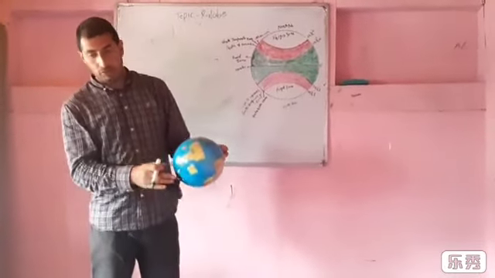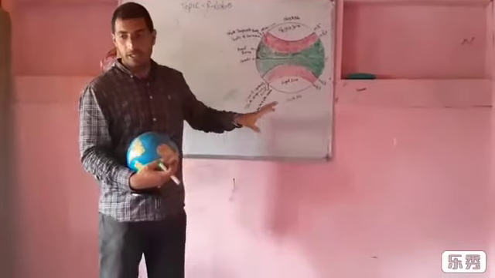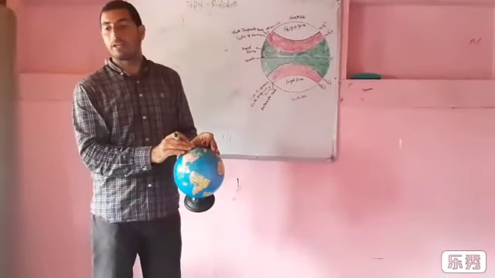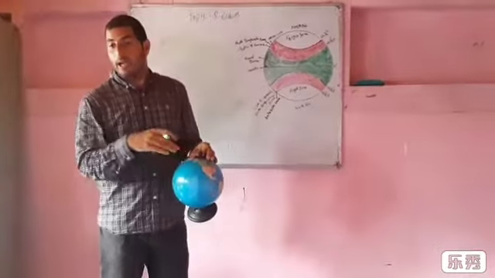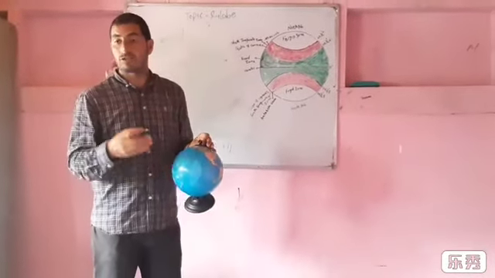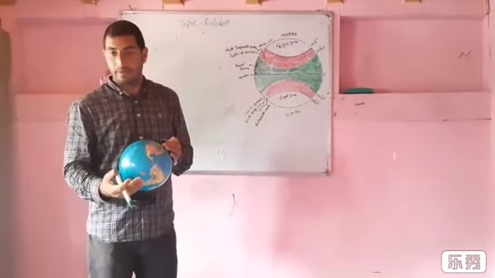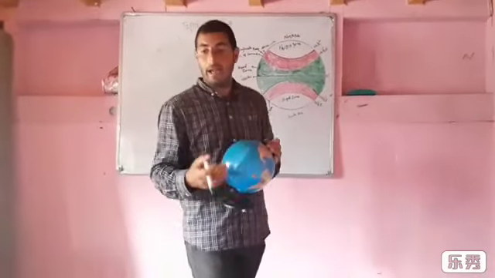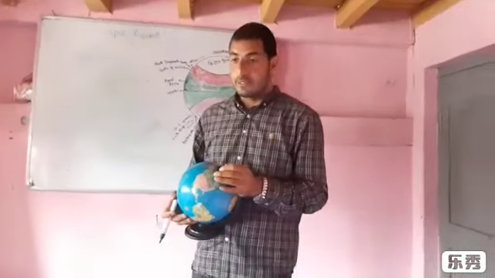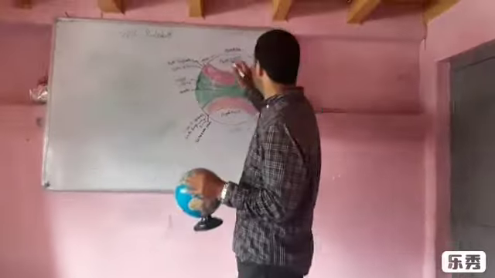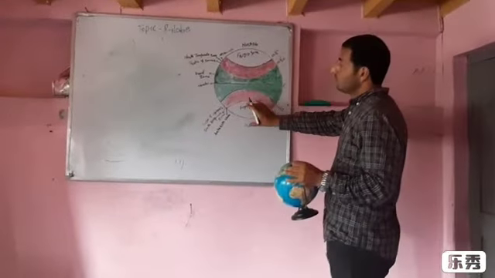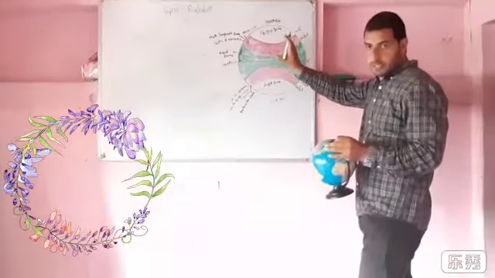The North Pole and South Pole are in the frigid zone, for example the Antarctica continent, and also some countries like Norway and Finland.